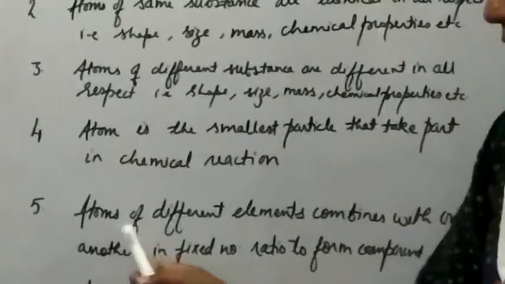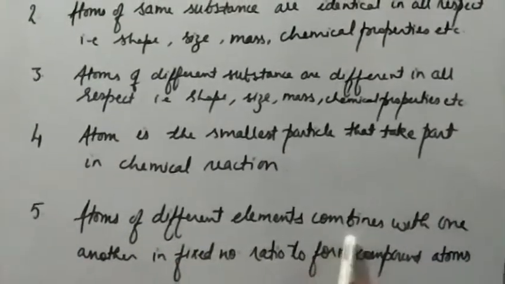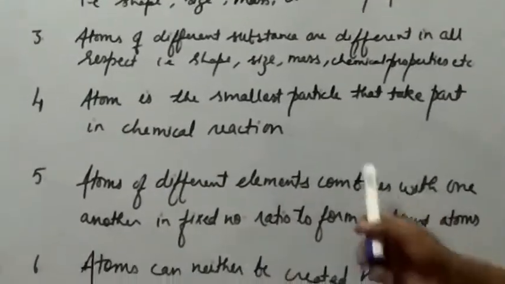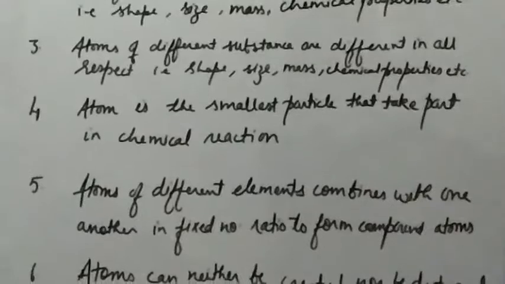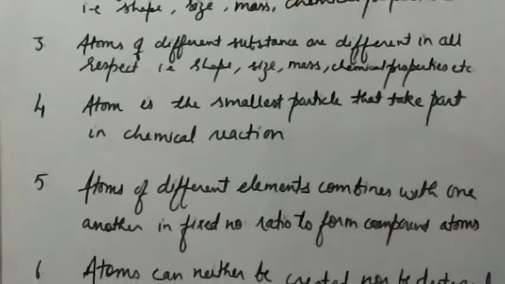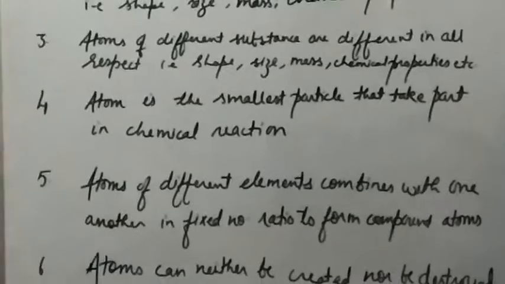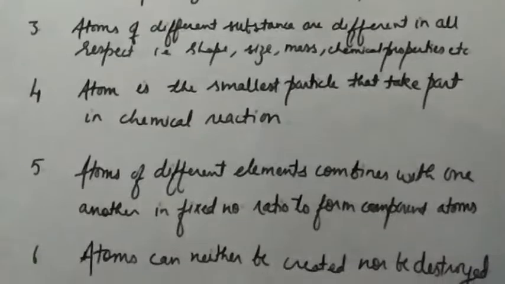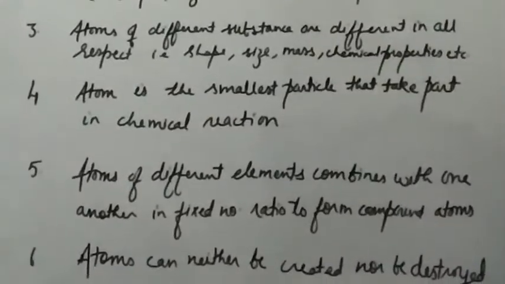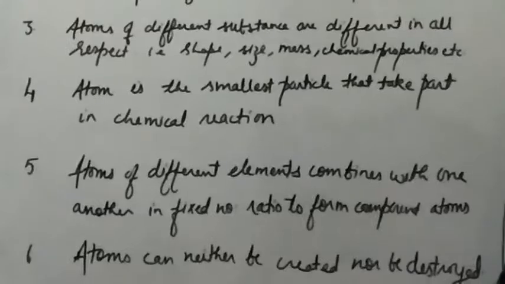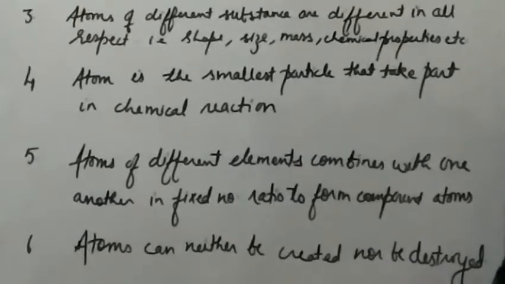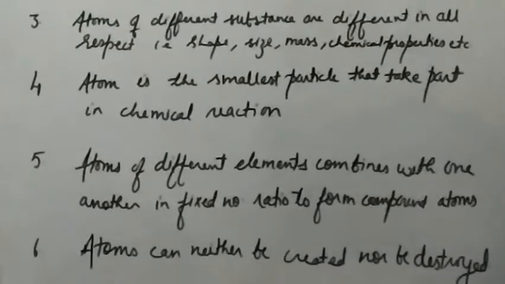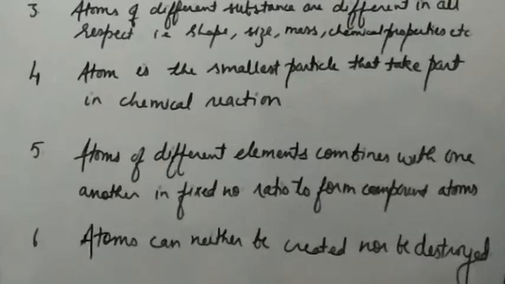Now, the next point is that atoms of different elements combine with one another in a fixed ratio of numbers to form compound atoms. Dalton stated that whenever a compound is formed between atoms of different substances, there will always be a fixed ratio. When water is formed, hydrogen and oxygen are the elements whose atoms combine, but the ratio is also fixed, right?